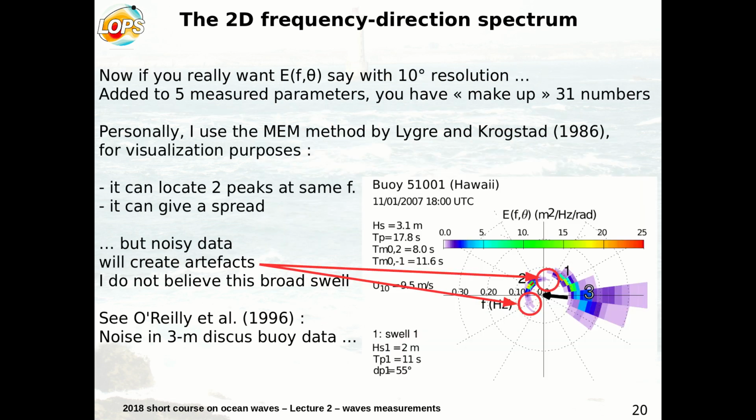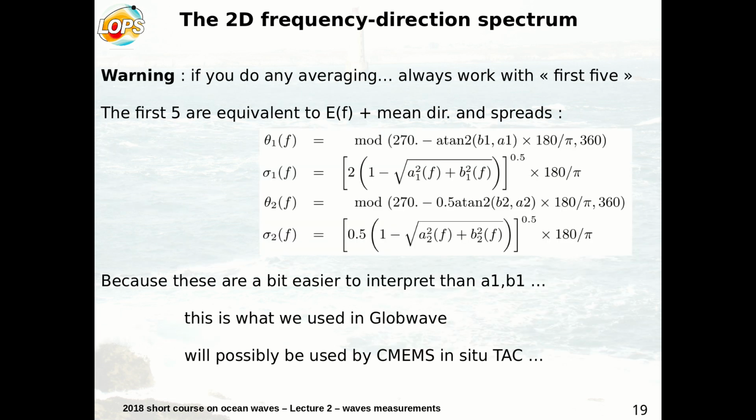What I could have done, and maybe I'll do that for tomorrow: if the real spectrum has 3 peaks at the same frequency, so one bump here, one there, and one there, from that you can compute A1, B1, A2, B2, with the integrals I showed before.